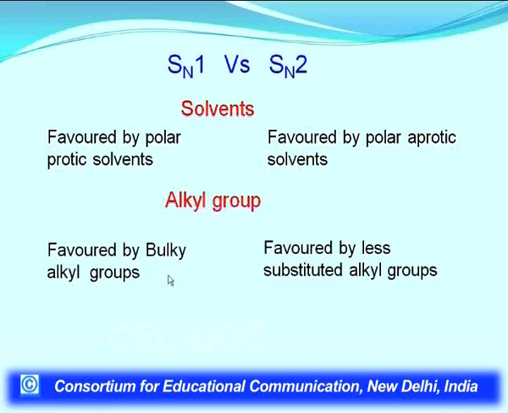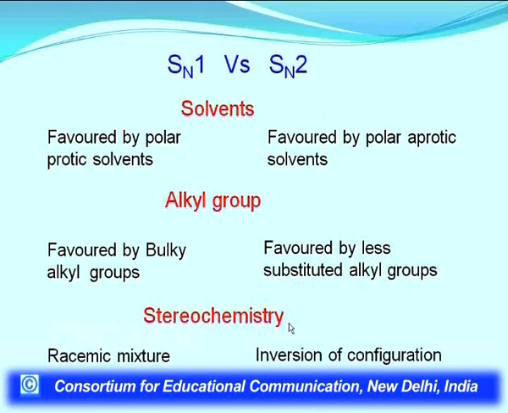Alkyl groups: the SN1 mechanism is favored by bulky alkyl groups, whereas the SN2 mechanism is favored by less substituted alkyl groups. And stereochemistry: SN1 reaction generally proceeds with racemization, that is we obtain a racemic mixture, and in the SN2 mechanism it is the inversion of configuration that occurs.